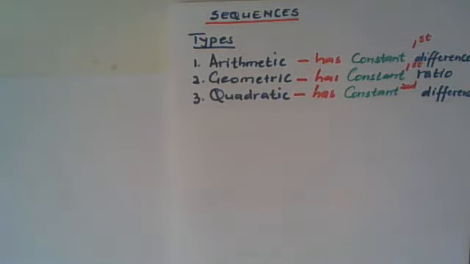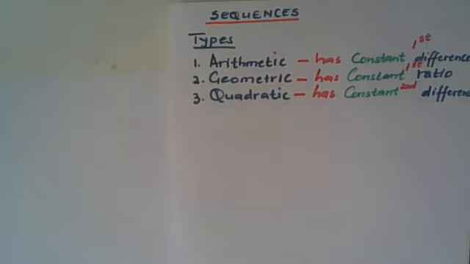And that is a quadratic function. Now, all quadratic sequences are based on quadratic functions. All arithmetic sequences are based on linear functions. And then the geometric sequences are based on exponential functions.